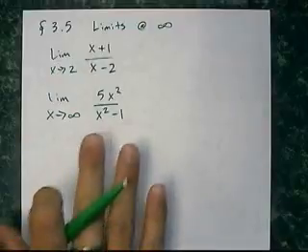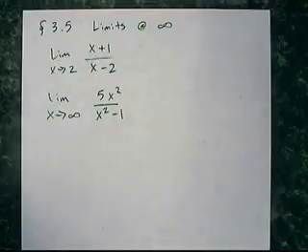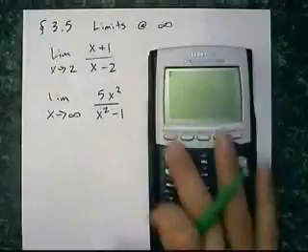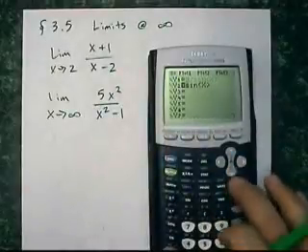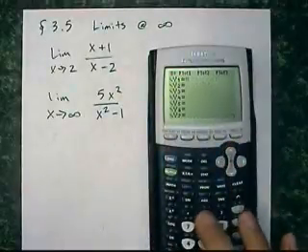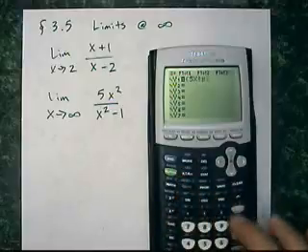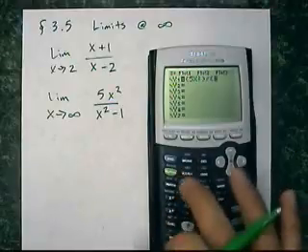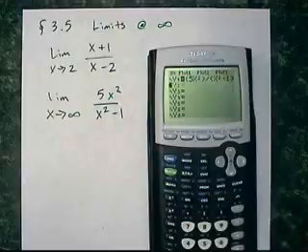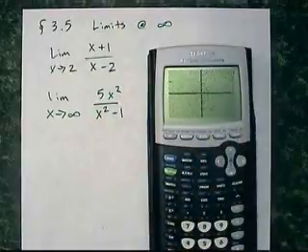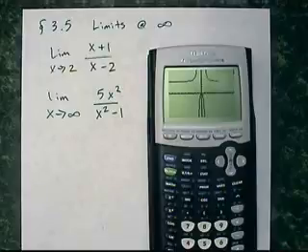Okay, so let's just look at a quick graph of this and see if we can figure out what's going on. So we can go ahead and just graph this real quick. We've got 5x squared, and we're going to divide that by x squared minus 1. Cool.